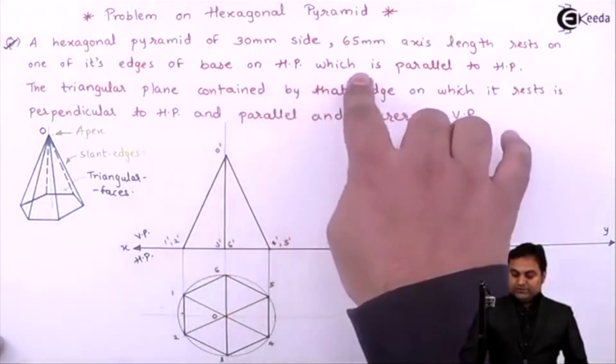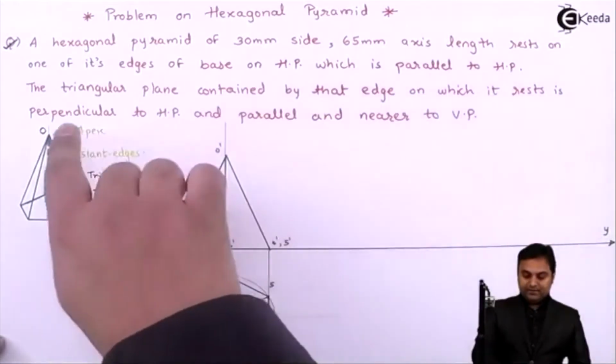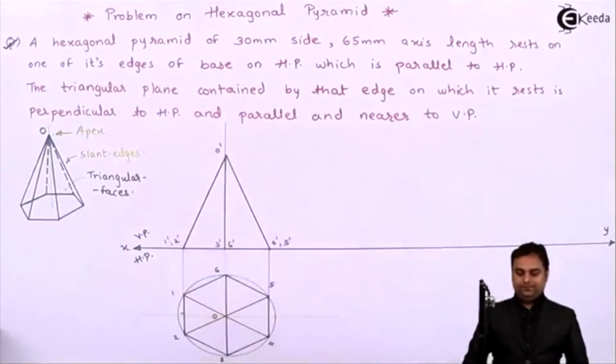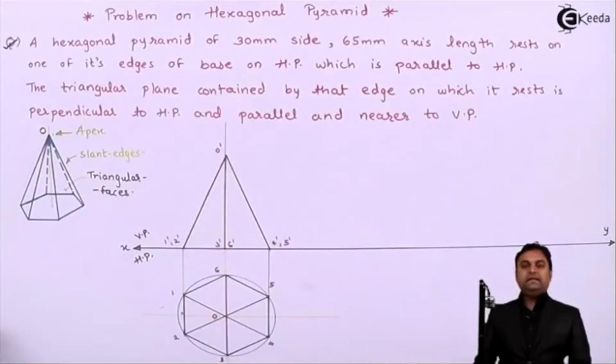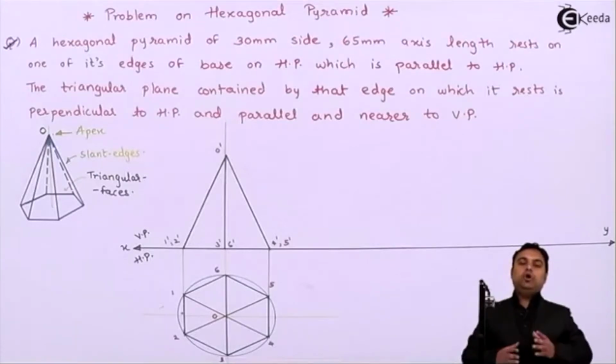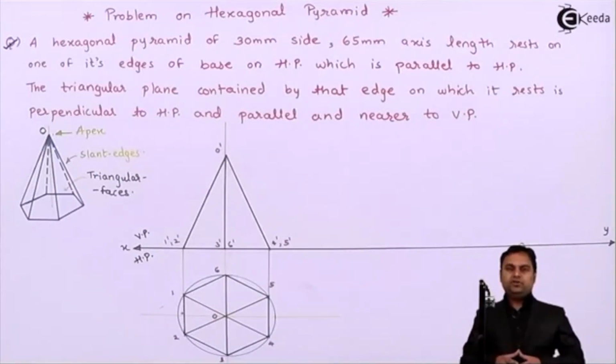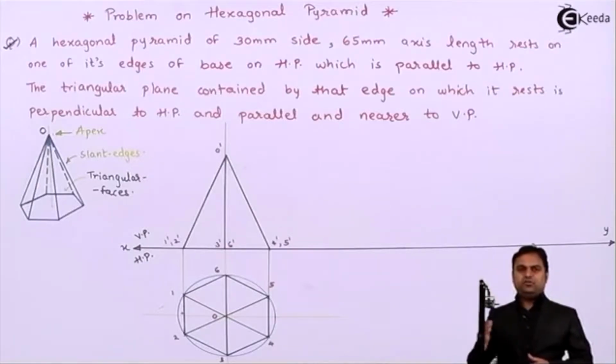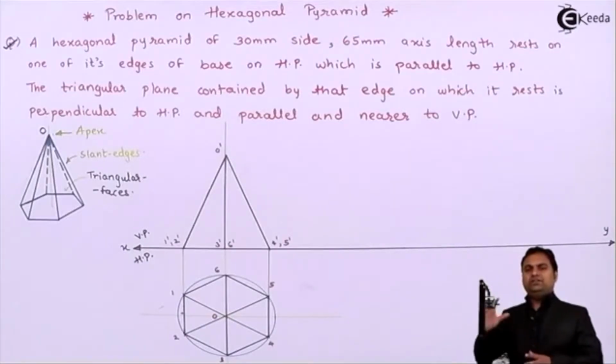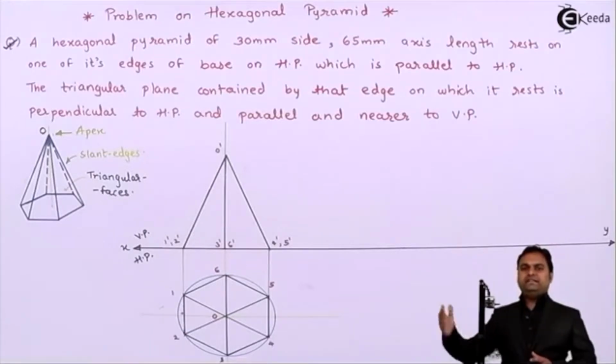Edges of the base on HP which is parallel to HP. Next, the triangular plane contained by that edge, which edge on which the pyramid is resting. Now whenever we are considering the solids, the condition of resting is onto the right hand side, that is we are going to tilt the solids on right hand side.